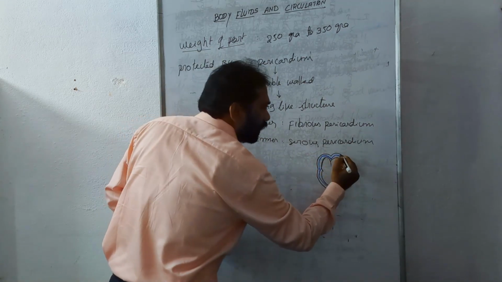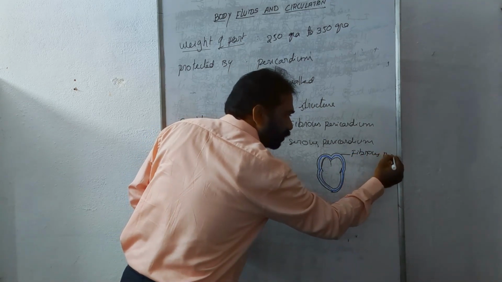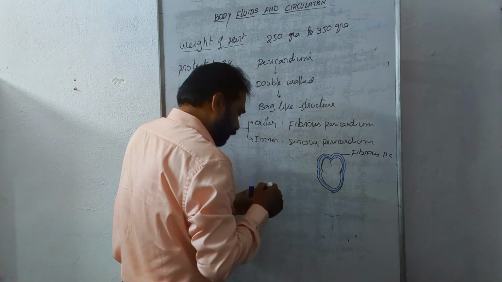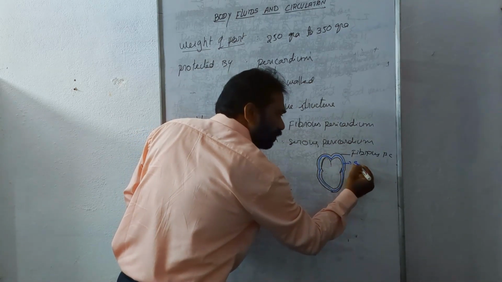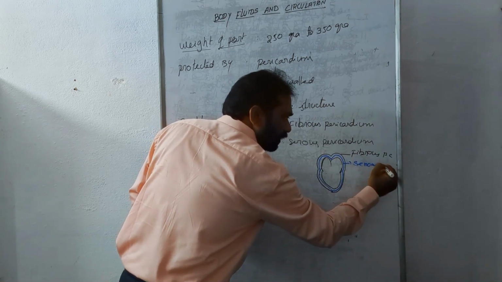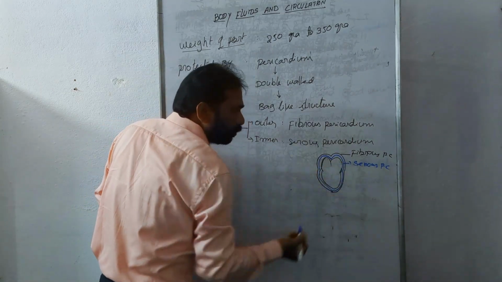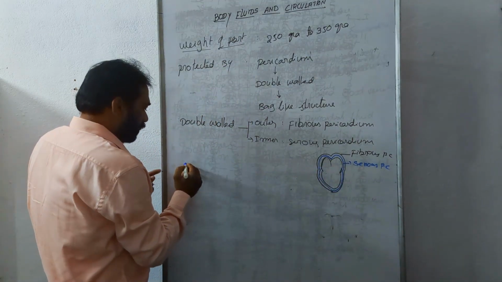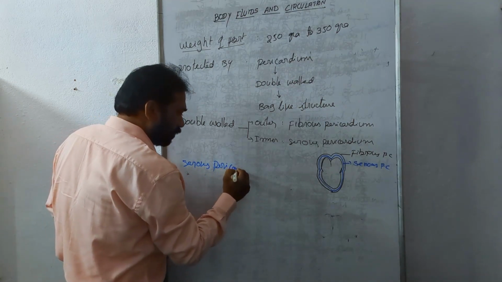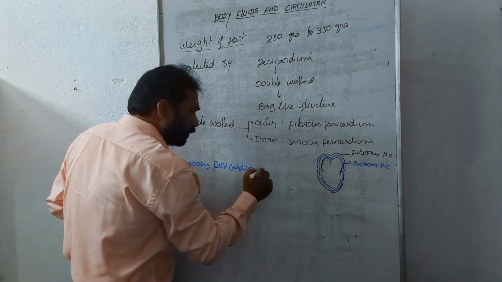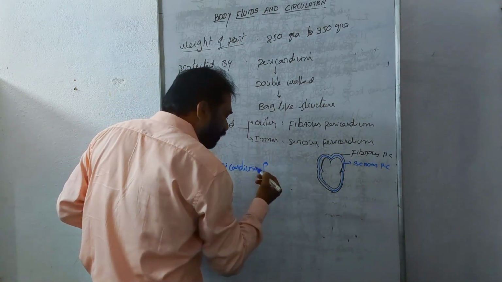See here, this is fibrous pericardium. Then this blue one, serous pericardium. Again, in this serous pericardium, two layers we are identifying.